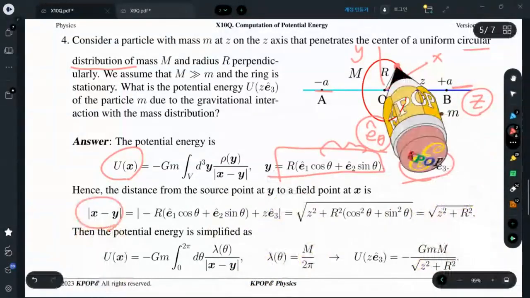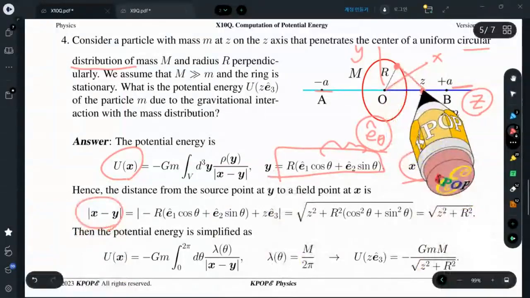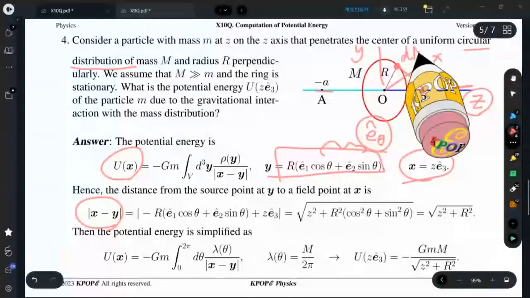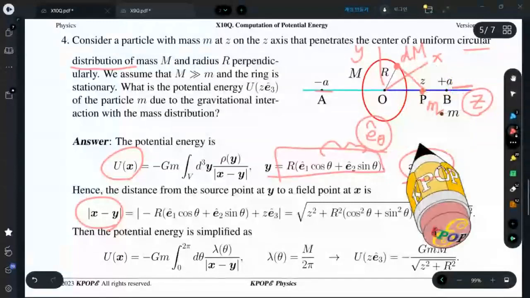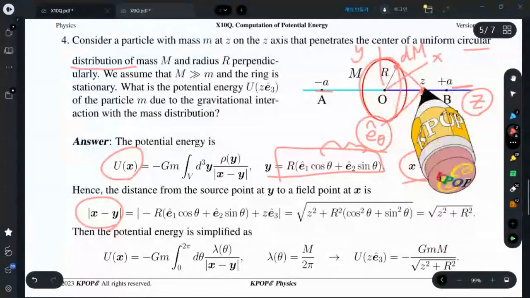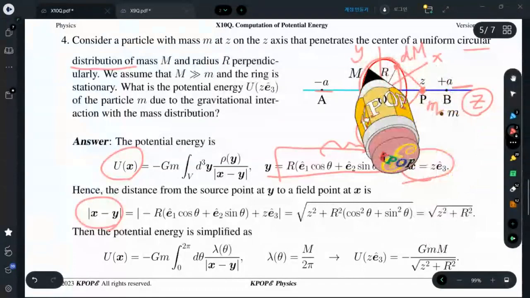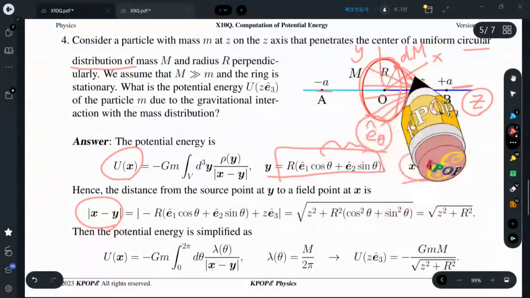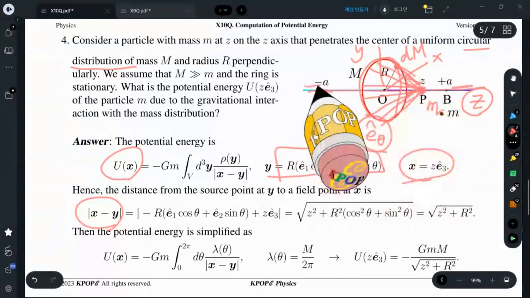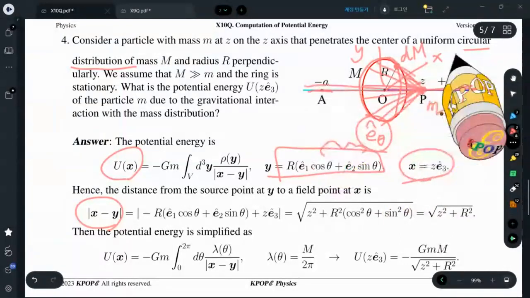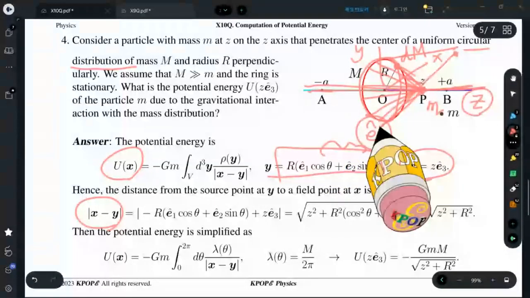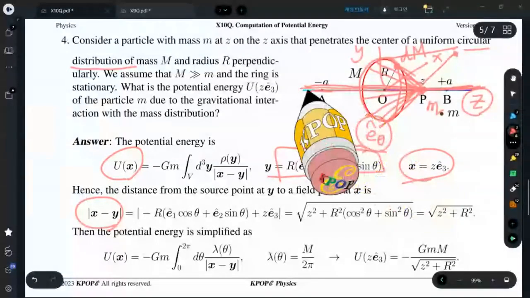Distance between these two: point mass small m and the capital M. By the way, this constructs a cone, and any point on the bottom has equal distance. That's the reason why we have chosen the z-axis. If it were here, it would be rather complicated, but we have chosen the z direction.